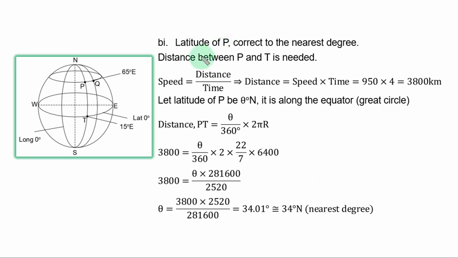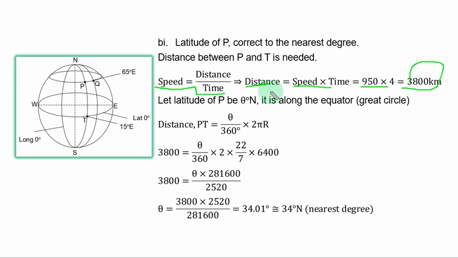And you have the speed from T to P to be 950 kilometers per hour for 4 hours. Speed is distance over time. If you make distance the subject, it becomes speed times time. That is 950 times 4, and you have 3,800 kilometers as the distance between P and T.